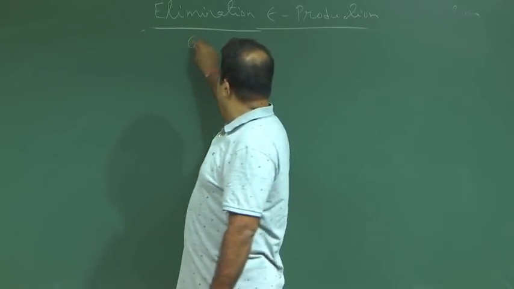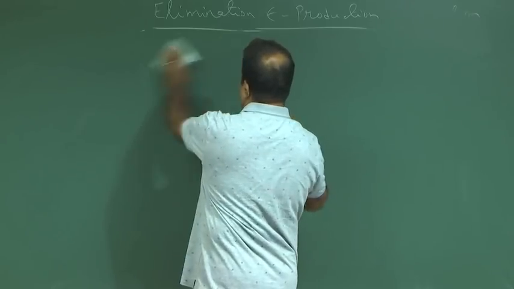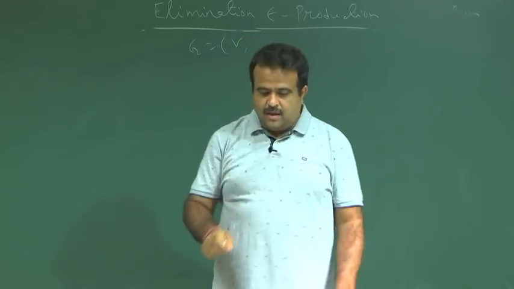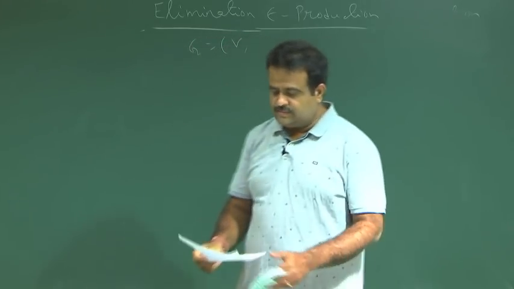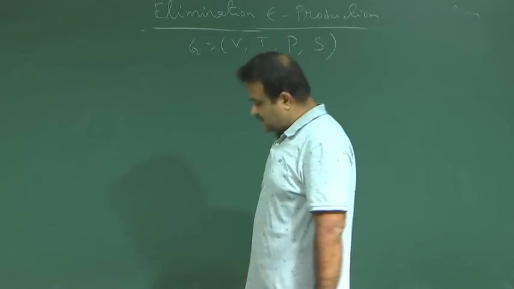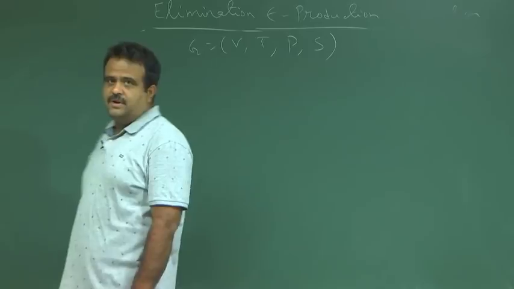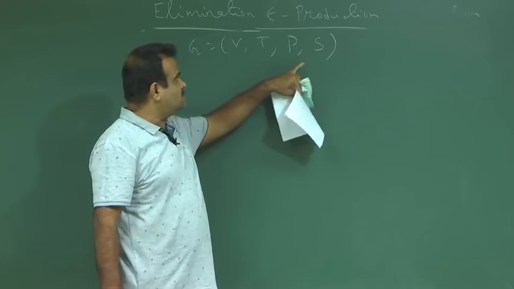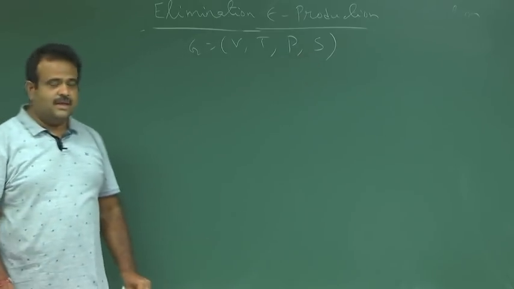We are given a grammar G, which is V, T, P, S, where V is the finite set of variables, T is the finite set of terminals, P is the productions, that is also finite, and S is the starting variable.